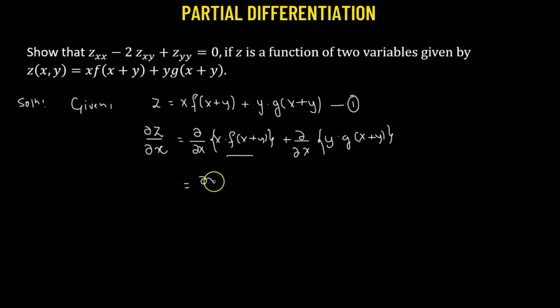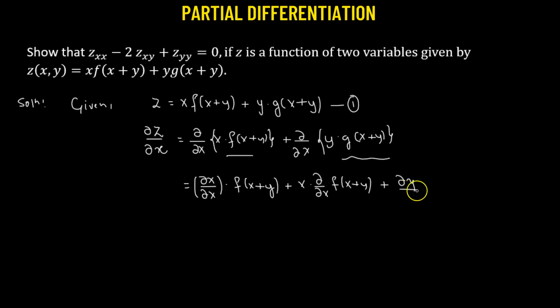First we'll have partial of x with respect to x, multiplied to f of x plus y, plus x times partial with respect to x of f of x plus y. Then again use the product rule for the second term: partial of y with respect to x times g of x plus y, plus y times partial with respect to x of g of x plus y.